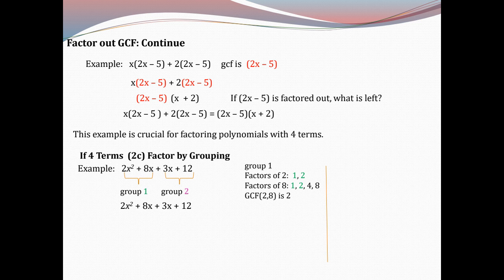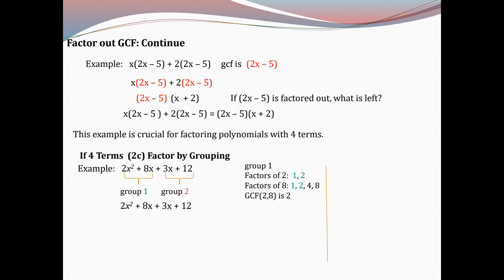I am dealing with a 2 and an 8. What are the factors of 2? The factors of 2 are 1 and 2. What are the factors of 8? 1, 2, 4, 8. So the GCF of 2 and 8 is 2 because that's the highest number that they share, right? That's why they're in green. They only share a 1 and 2, but the highest number is the 2.